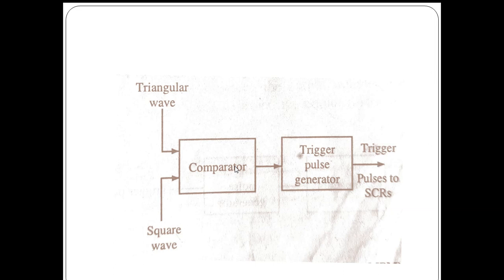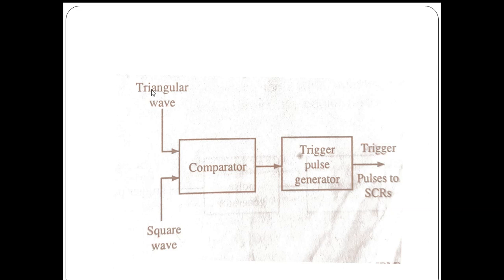In this multi-pulse modulation technique, the reference wave is the square wave and the carrier waveform is the triangular wave. The triangular wave is the carrier signal and the reference wave is the square wave. The magnitude is VR and frequency is omega.